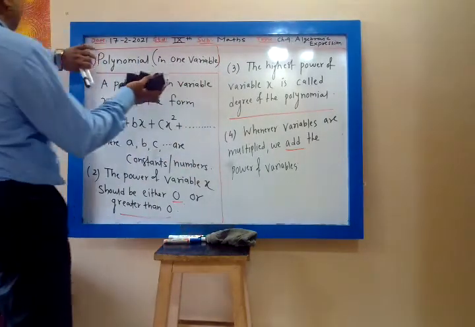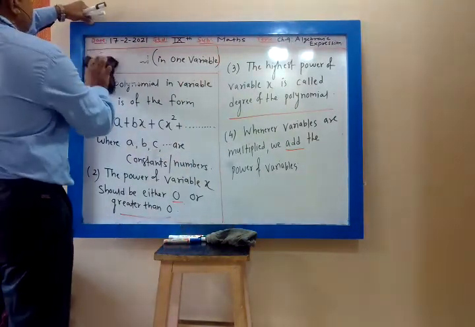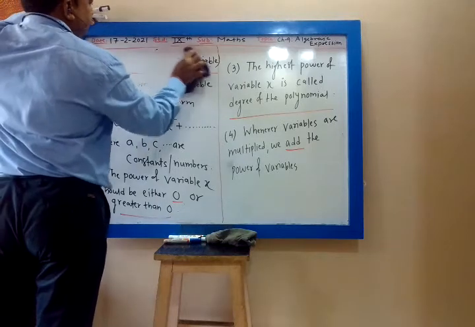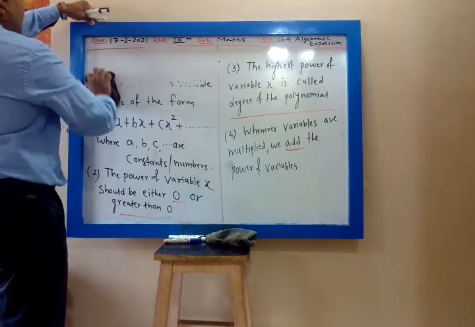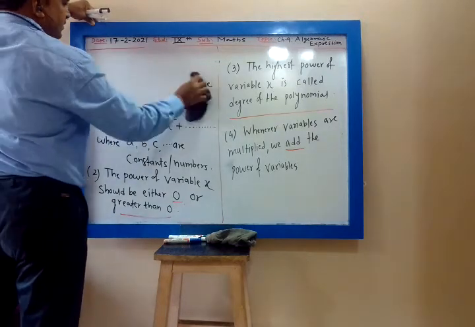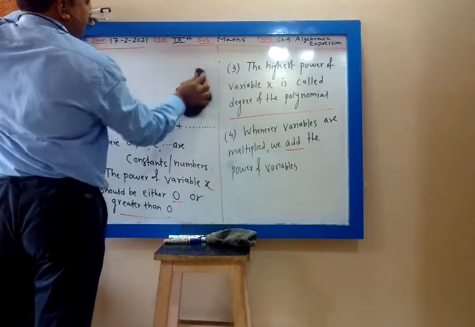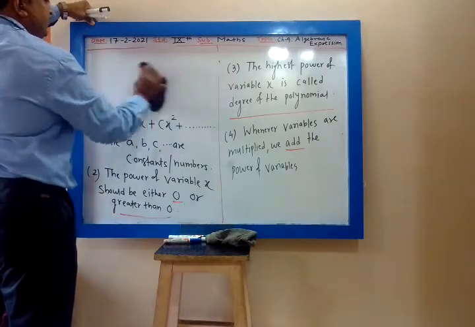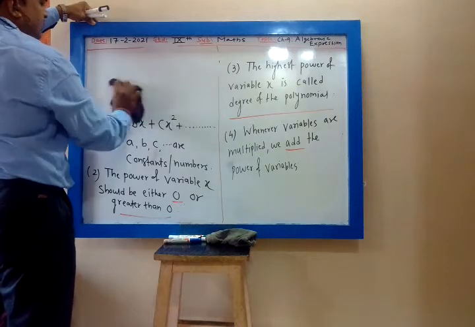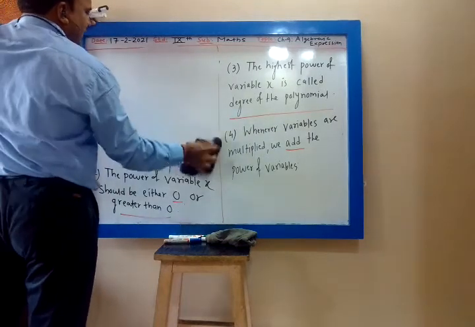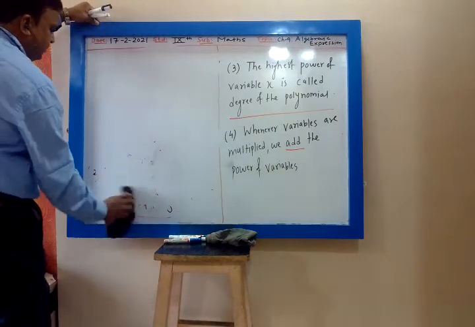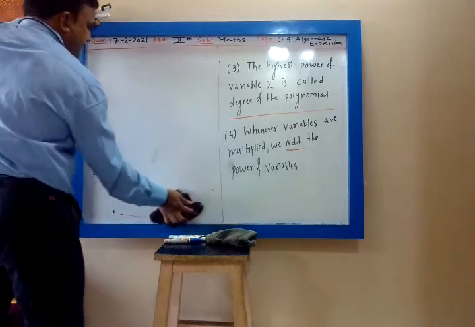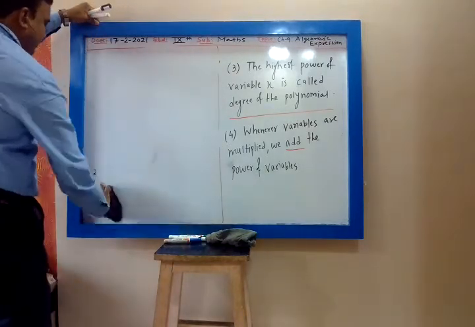Degree of the polynomial is the highest power of variable x. The highest power of variable x is called degree of the polynomial. That we will see in exercise 9.4. Everything I will explain in the exercise 9.4. Which are polynomial, which are not polynomial, then what is degree of the polynomial, everything we are going to explain.